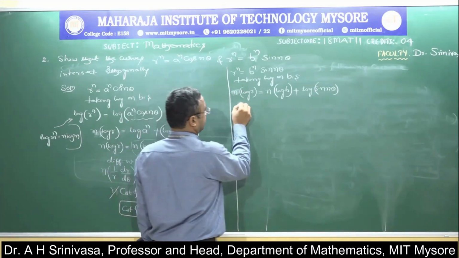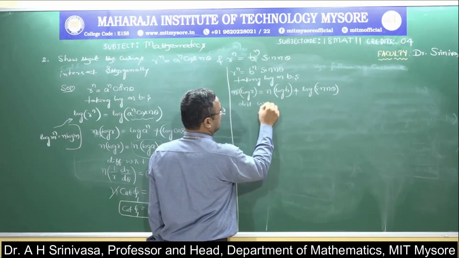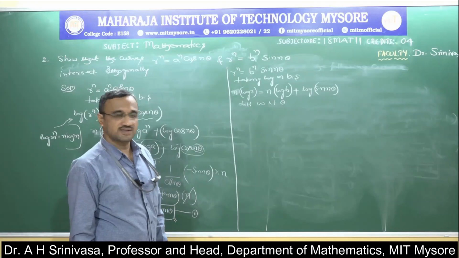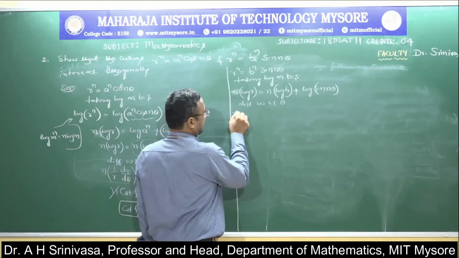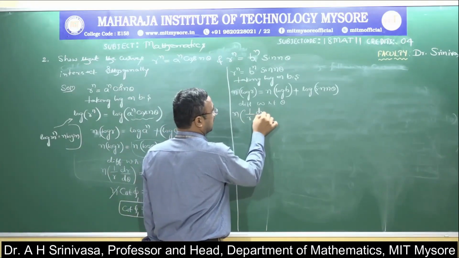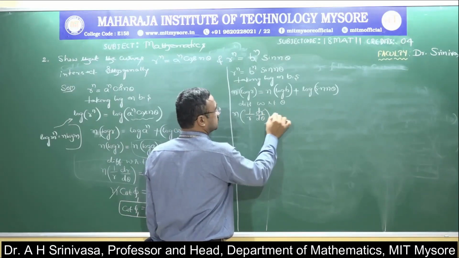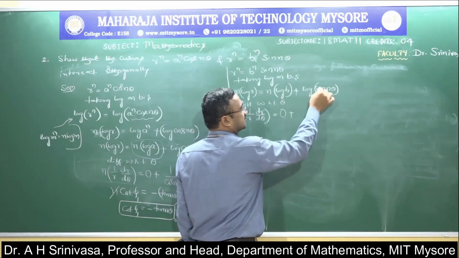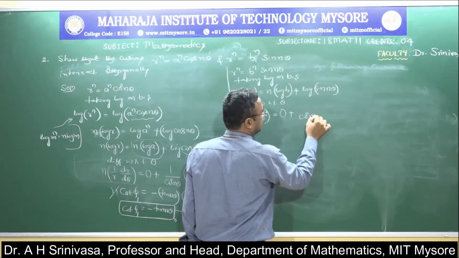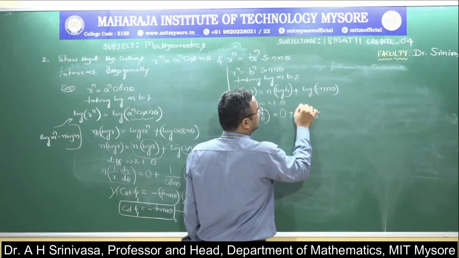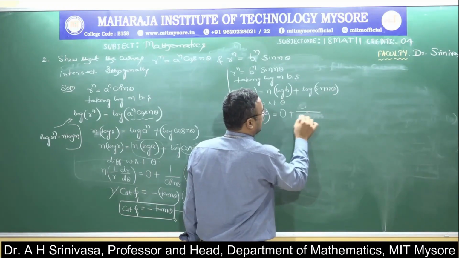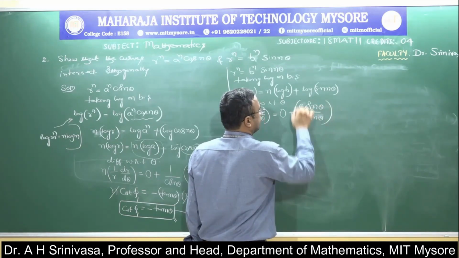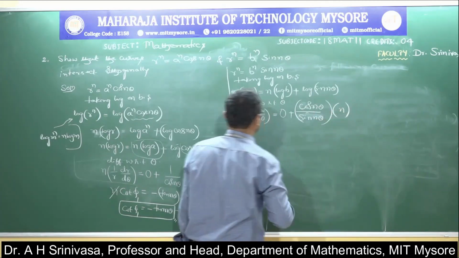Now differentiate this with respect to theta. Then n into 1 by r dr by d theta should be equal to 0 for the constant function. Again the same procedure: differentiation of log is 1 by sin n theta, then the differentiation of sine gives cos n theta into n.